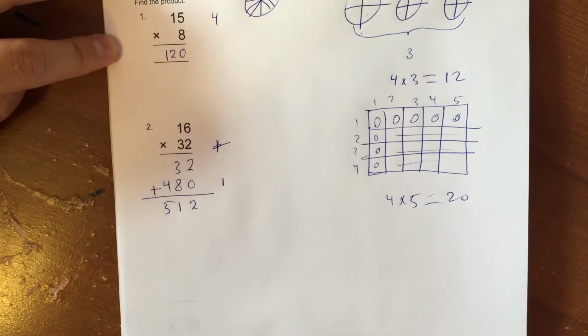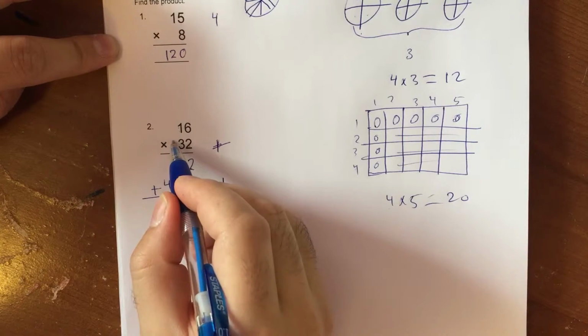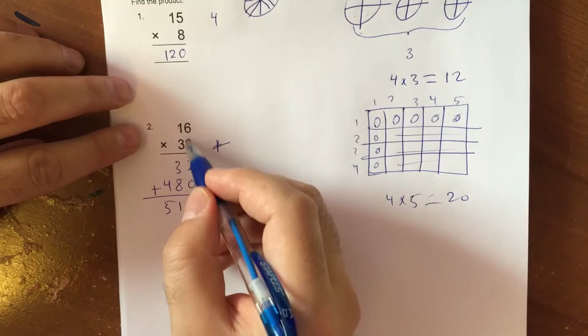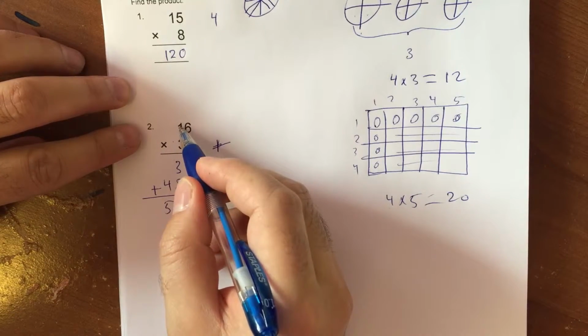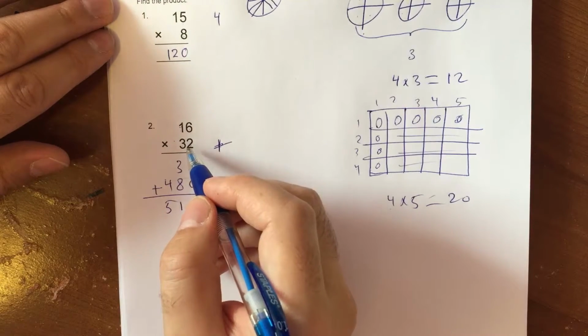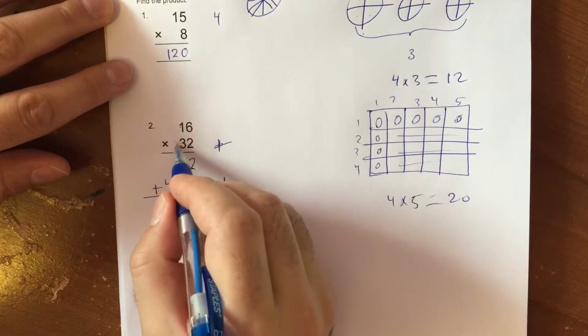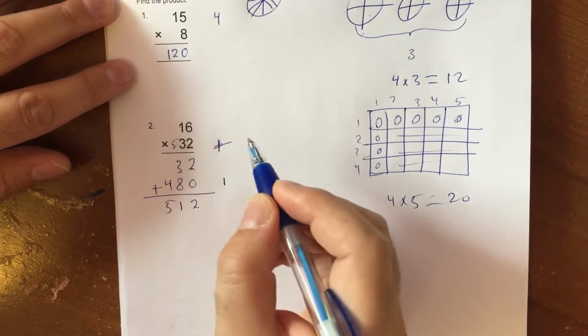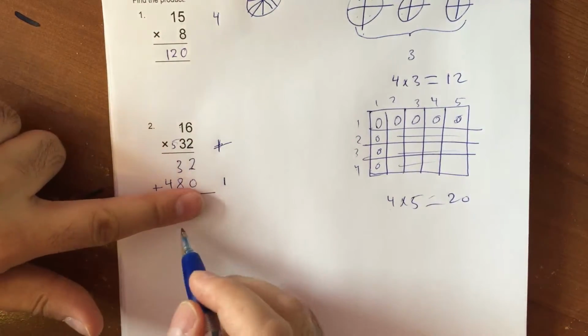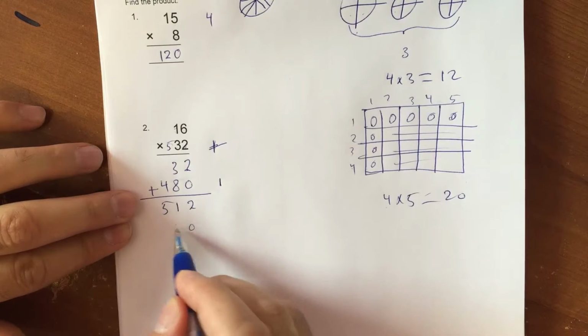Now, if you have 3 numbers, remember you can switch these numbers back and forth. It doesn't matter. Just remember that if you have another number, let's say 5, then in the third line, you add 2 zeros.